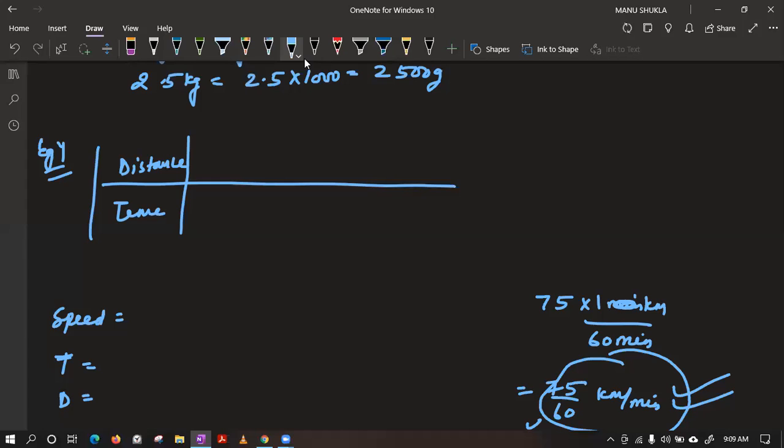The question is, a train is moving at a uniform speed of 75 km per hour. So speed is given to you as 75 km per hour. We understand by this that in 1 hour the train is traveling how much? Class, please tell.